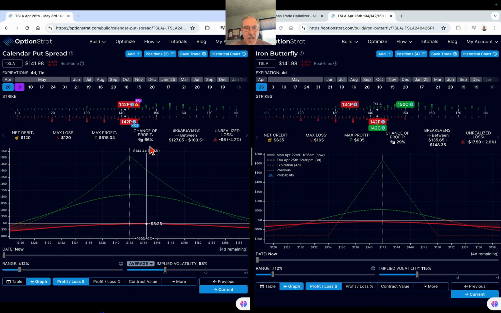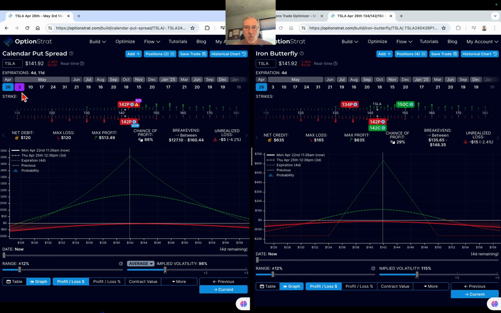When that shrink happens, you're going to see a much more realistic chance of profit. So in a calendar, I would urge you not to look at this thinking that is, in fact, a realistic chance of profit, because options modeling just doesn't accommodate the two different expirations real well, when you're talking two different time expirations, two different date expirations.